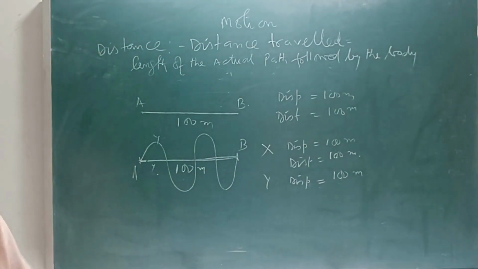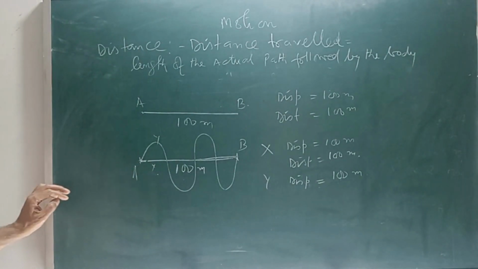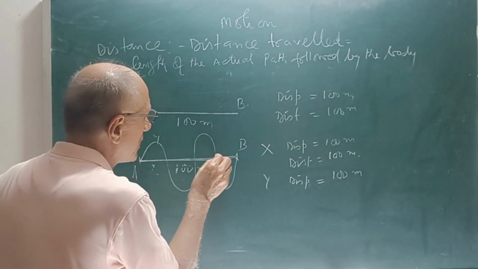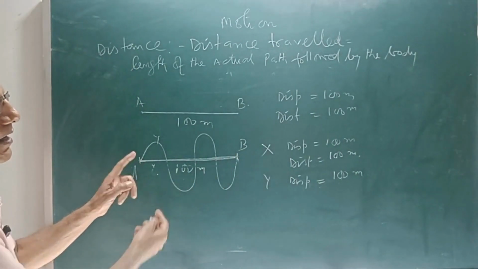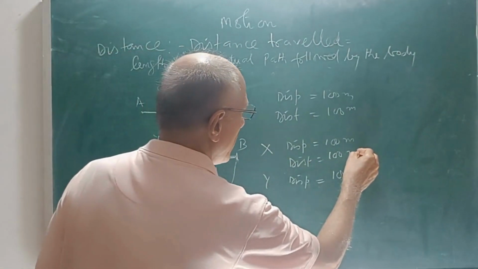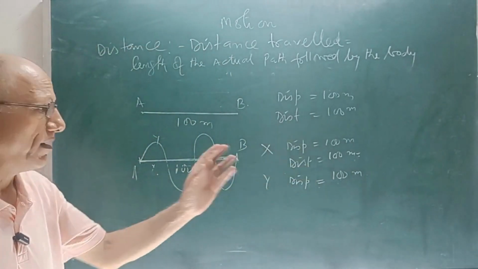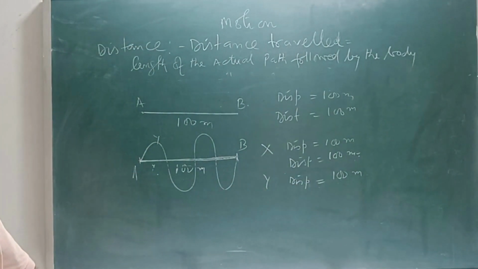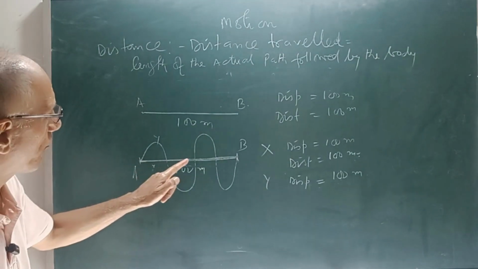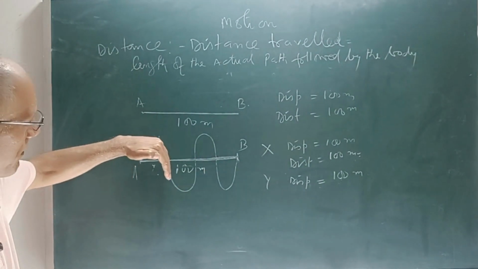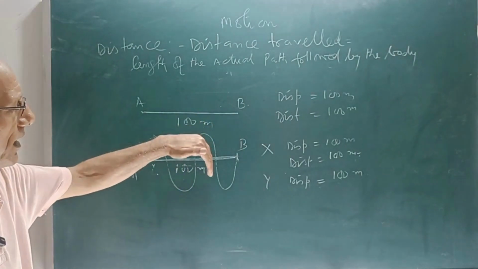But what is the distance traveled by x? X has moved only this path, and this path length is nothing but 100 meter. That's why the distance of x was 100 meter. What is the distance traveled by y? He has not followed this path, he followed this path and that way.